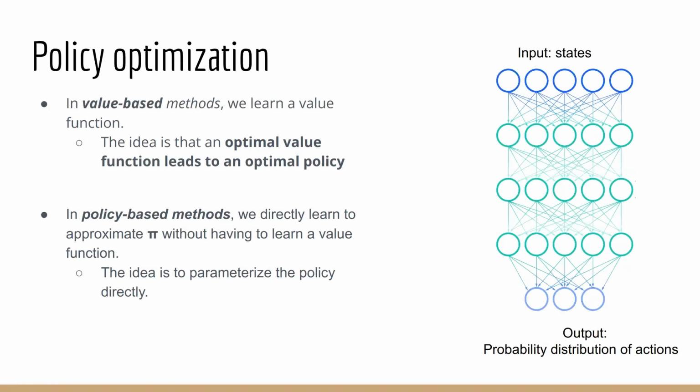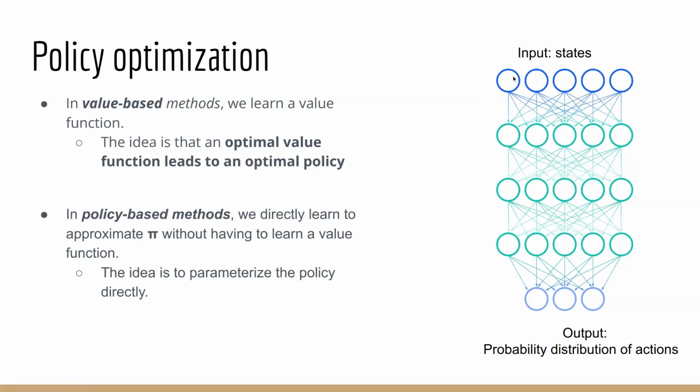In value-based methods, we learn a value function, and the idea is that an optimal value function leads to an optimal policy. However, in policy-based methods, we directly learn to approximate pi without having to learn a value function. The idea is to parameterize the policy directly.